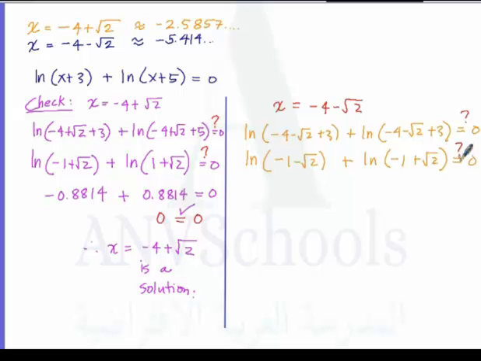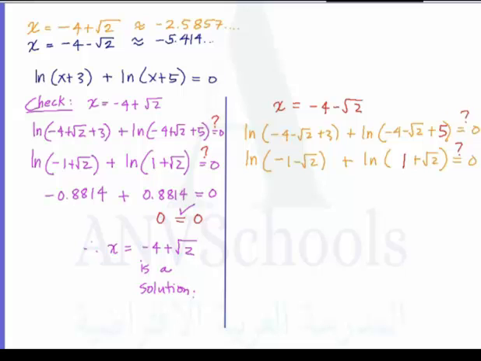Am I missing something here? Yes, I do. This one is 5, not 3. So this is 5 and this is 1. And that will give me ln of negative 1 minus square root of 2 would be equal to minus square root of 2.